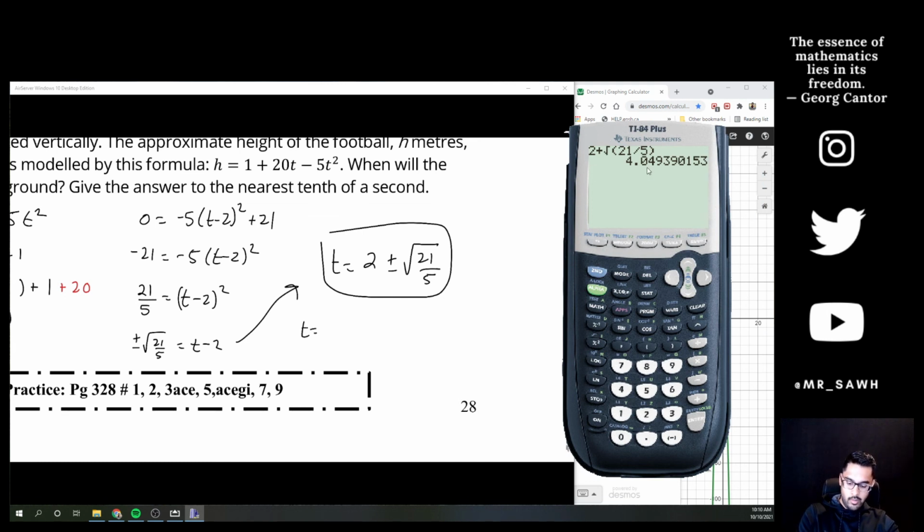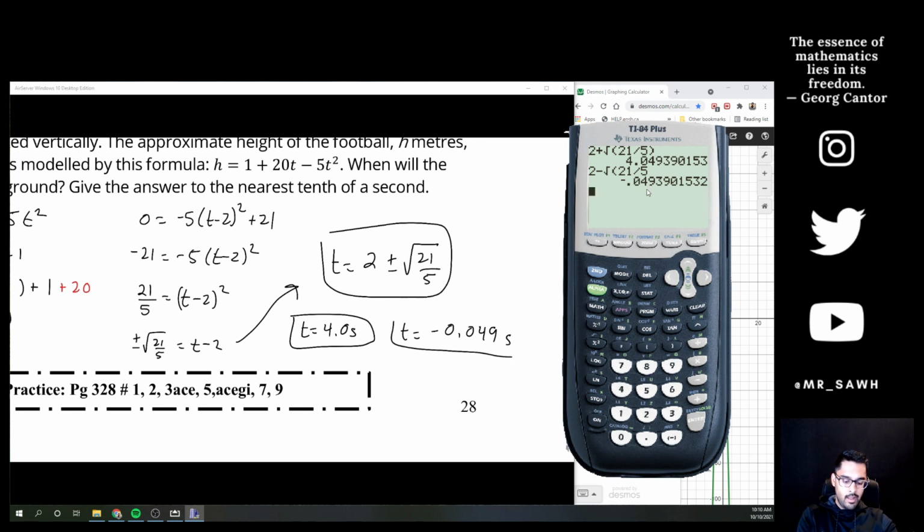So t could either be 4.0 seconds, that's one of them, or the other one, 2 minus the square root of 21 over 5, enter. Or it's negative 0.049 seconds. Now, I can't really have a time that's negative because I can't go backwards in time, so I know my only possible answer is 4.0 seconds. Right? I can't have the other one, it doesn't fit the context.